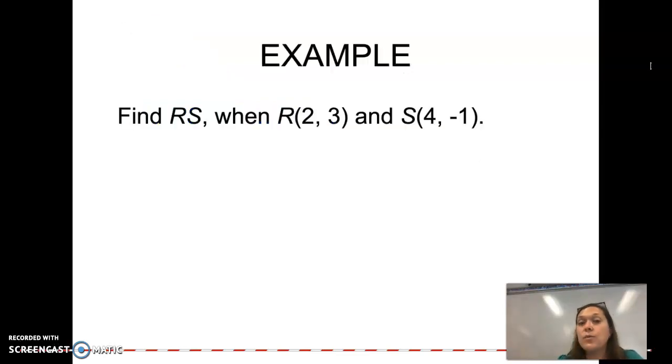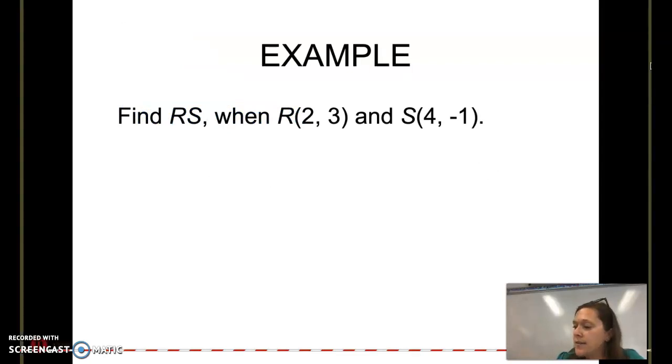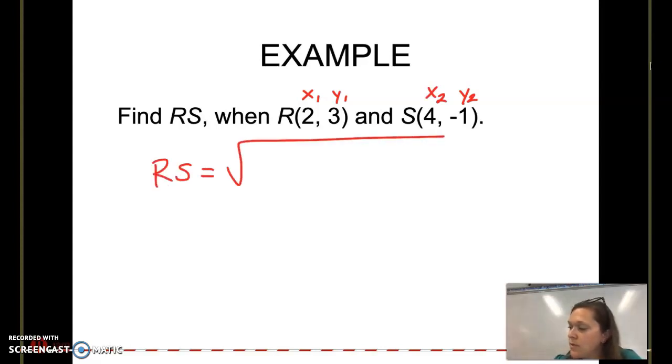So let's go ahead and use the distance formula to solve for the distance between R and S. So again, I'm going to label x1, y1, x2, y2, and R and S, the distance between the two is equal to x sub 2 minus x sub 1 squared plus y sub 2 minus y sub 1 squared.